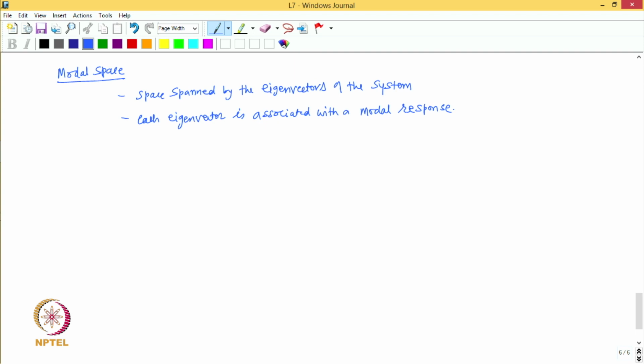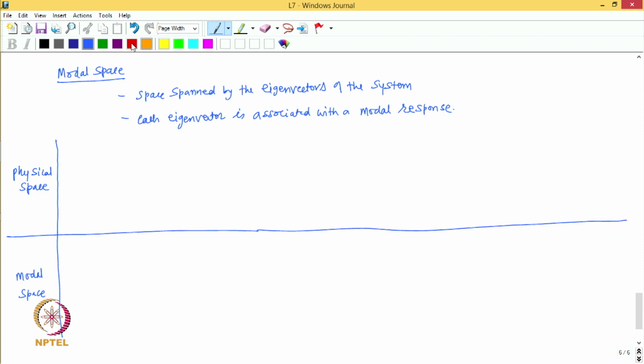So, let us compare what we can call the physical space and modal space. In the physical space, let us first of all see the system. Let us take the example of a 3 degree of freedom system to understand this comparison.